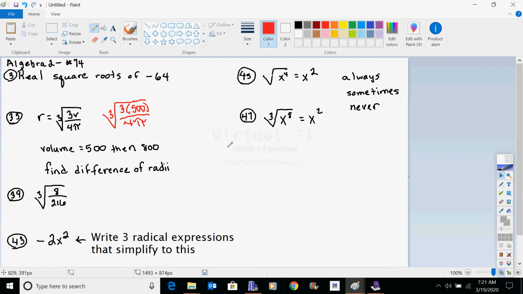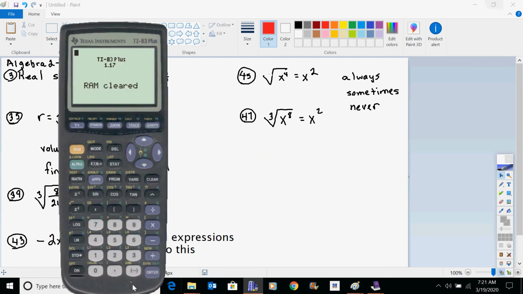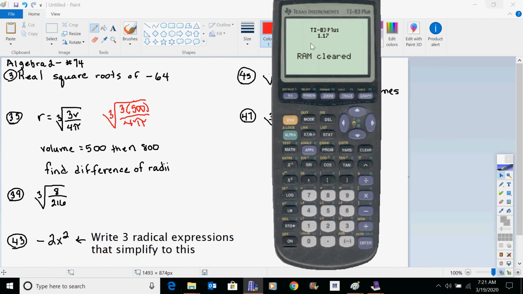You can do it in steps, or if you were going to do it all in one giant thing, you would need to make sure that when you choose your cube root function and go down to cube root, please be very careful where you put your parentheses, because we're taking the cube root of an entire numerator, 3 times 500.